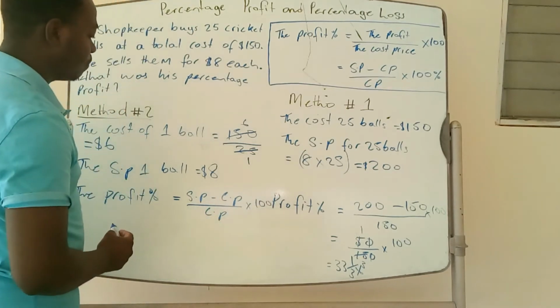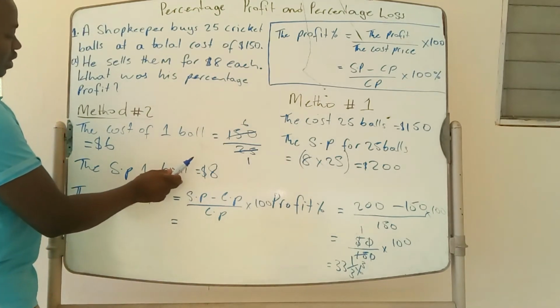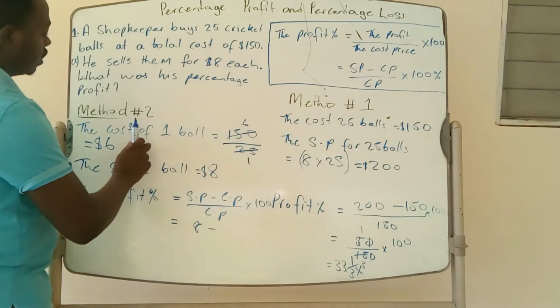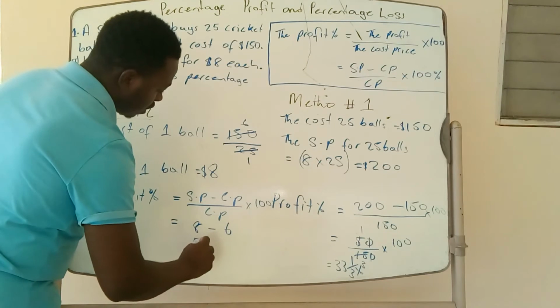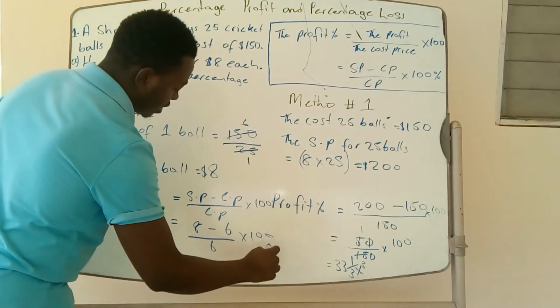That's what we know, right? Now, what's SP in this case? SP is just 8. So this is going to be 8 minus CP. What's CP in this case? That's just 6. So it's going to be 8 minus 6 all over 6 times 100%.